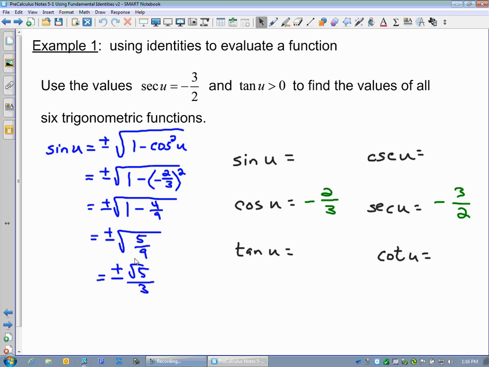Now it's at this point where the plus minus is important, because we have to pick one of those. Sine is going to be one or the other depending upon the quadrant it's in. And that's why they gave us the fact that tangent is positive.